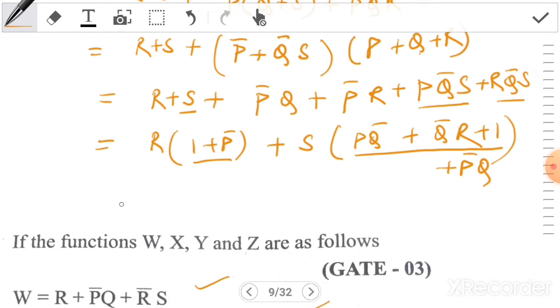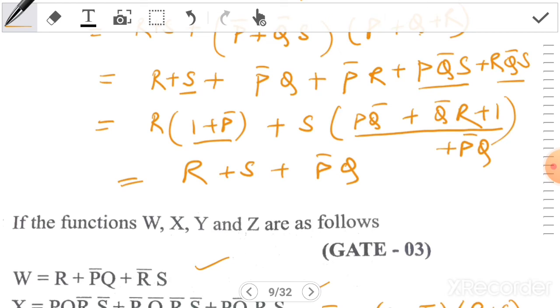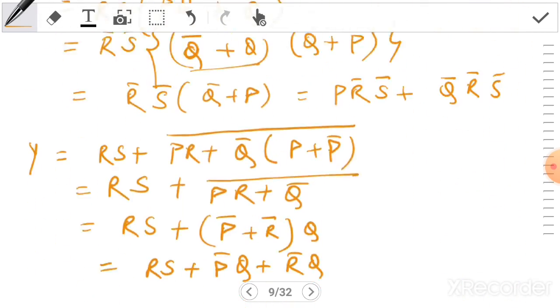So this is 1, 2. So R plus S plus P complement Q. Minimized.